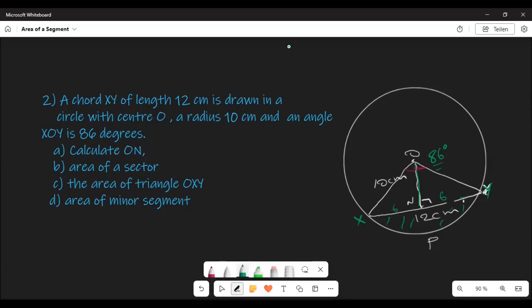To find ON, it's going to be easy. We're going to use the Pythagoras theorem.